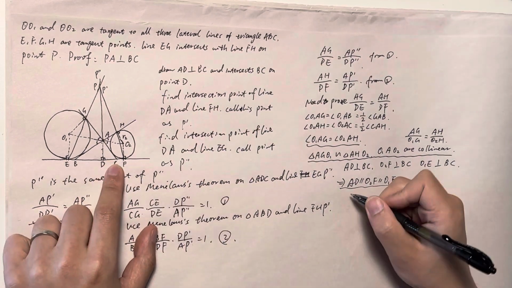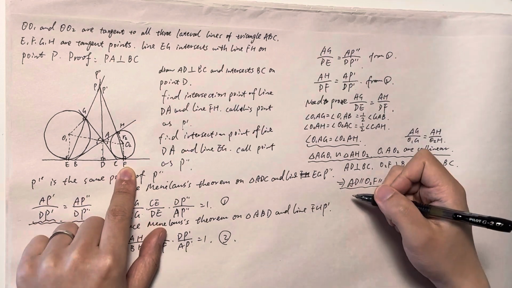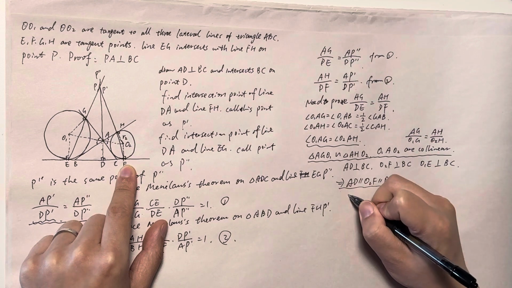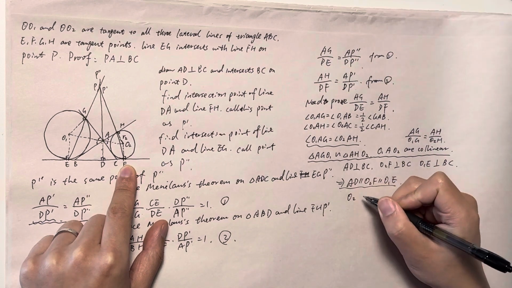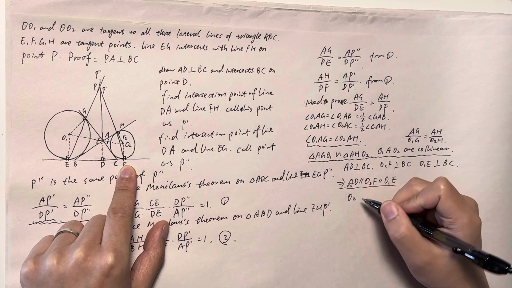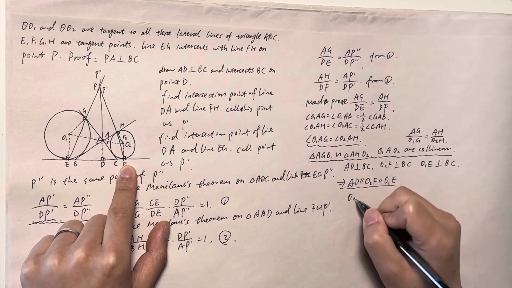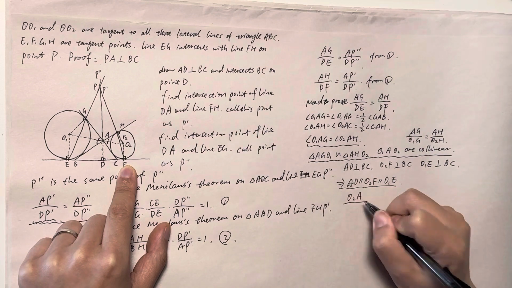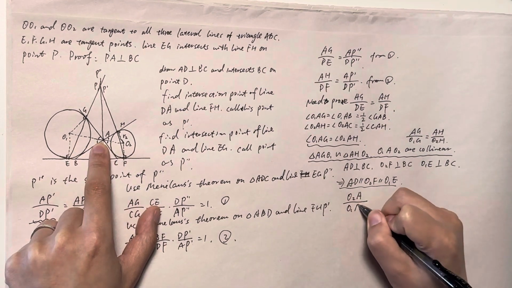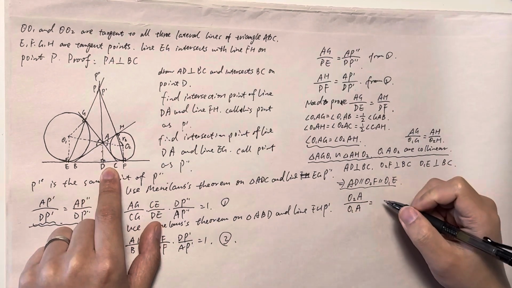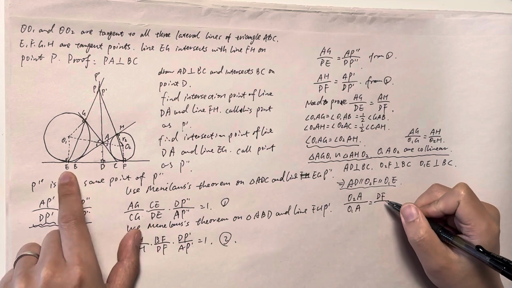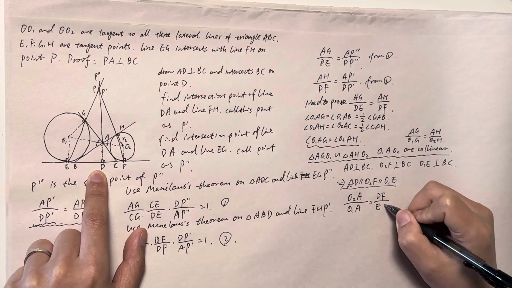So we got the ratio of O2A to O1A equals the ratio of DF to ED.